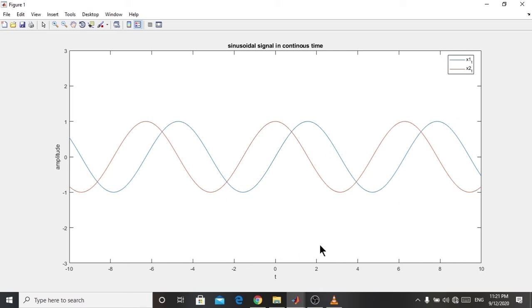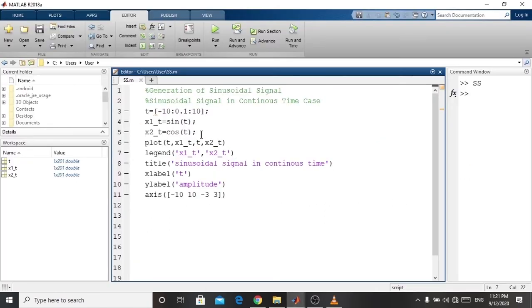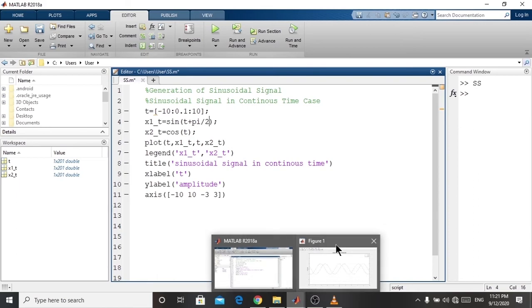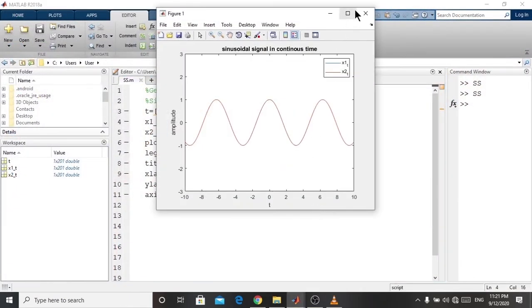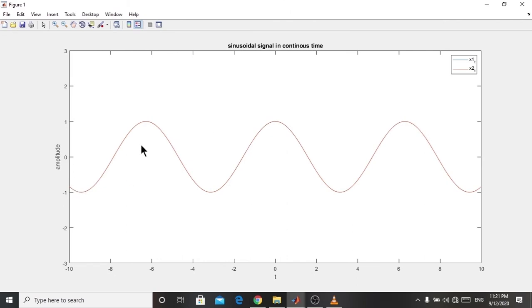Then let's see what is the relationship between sine and cosine function. Here I am going to give a phase shift of plus pi by 2, and when I run it, you can see that x1 of t is under x2 of t. That is why it is not visible here.